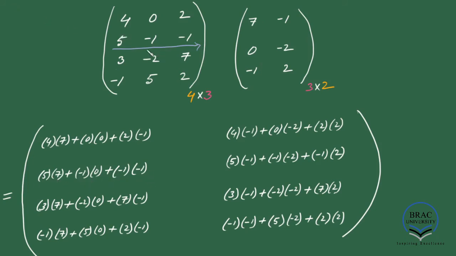And next, this row will hit this column, and again we take the dot product of these two selected row and column, and that produces this number right over here. And then we move forward and select the third row. So this third row will hit this first column, and that produces this number. And then we move forward and change our column from the second matrix.